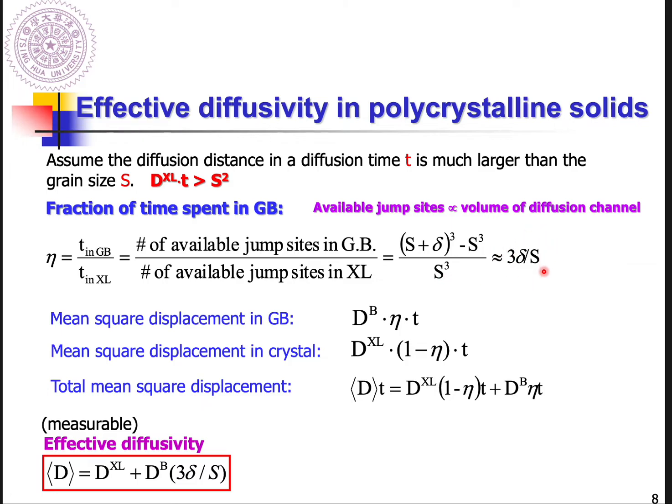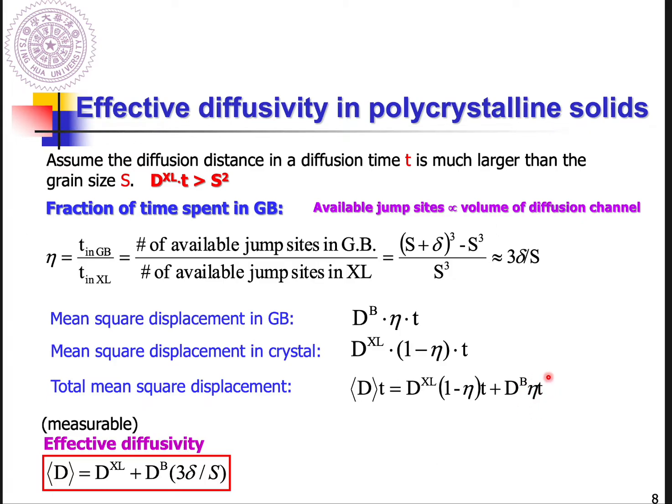So we take this result in here, and we can get that the total mean square displacement, effective diffusivity times t, will be contributed from two parts. The first part is contributed from displacement inside the grain, so it's the lattice diffusivity times t, and the fraction is 1 minus iota, plus the diffusivity along the grain boundary, and the total diffusion time t, and we put the iota.